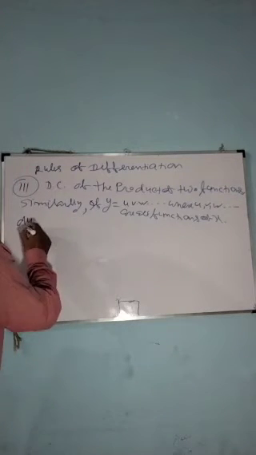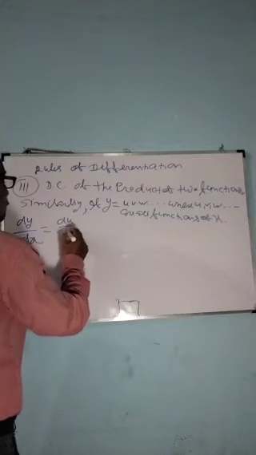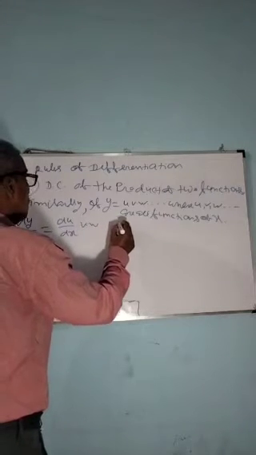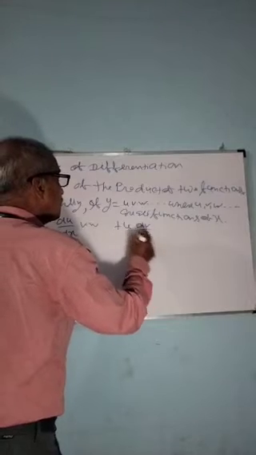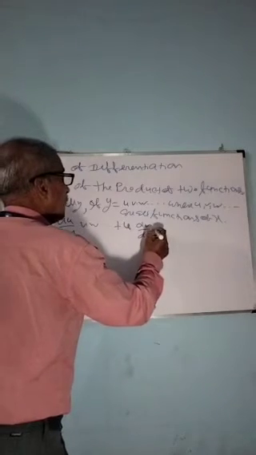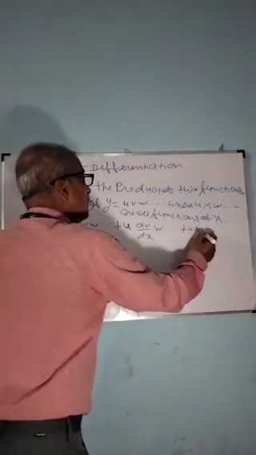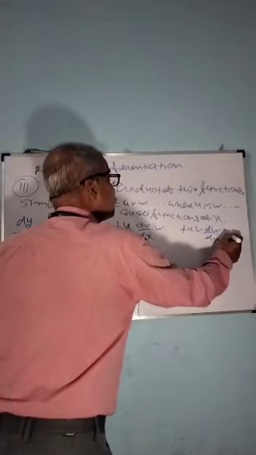Here, let us see. dy by dx is equal to du by dx into v into w and so on plus u dv by dx into w and so on plus u into v into dw by dx and so on plus so on.